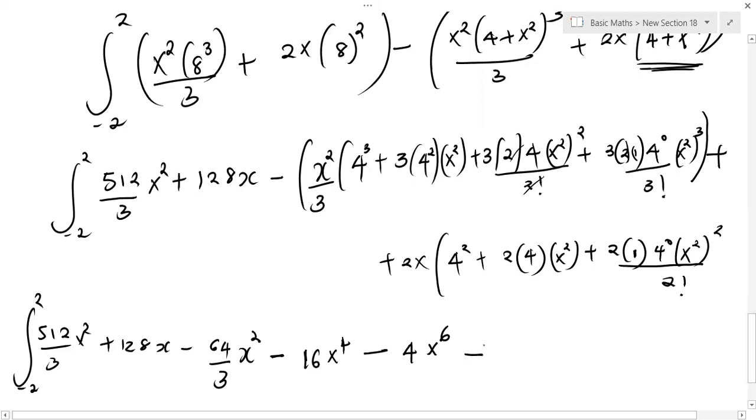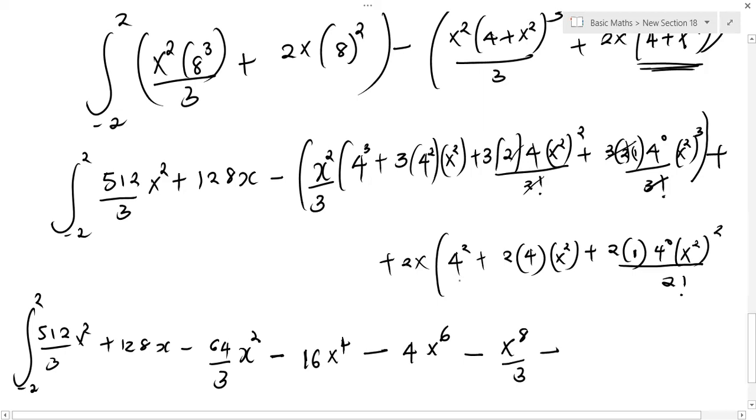Then we are here now, we have minus again. So minus, 3 factorial will go with 3, 2, 1. 4 raised to power 0 is 1, x squared. So this will be x to power 6, x to power 8 over 3, minus, so this minus still acting here.